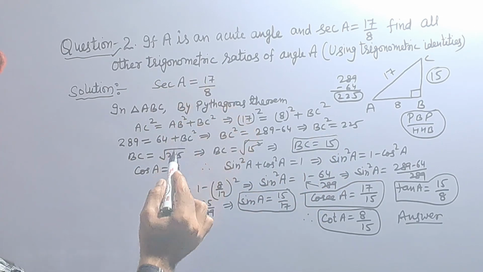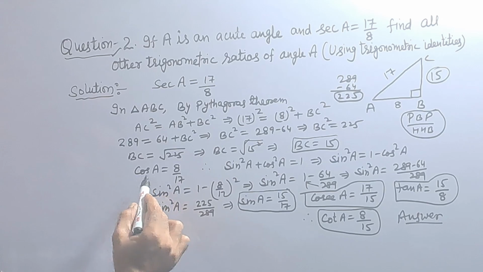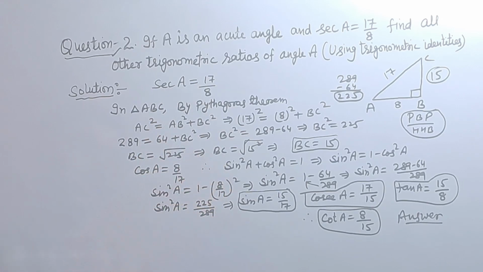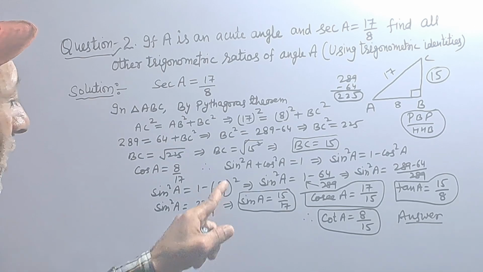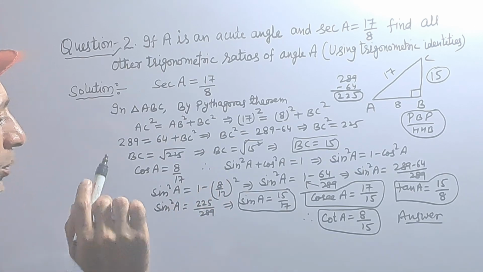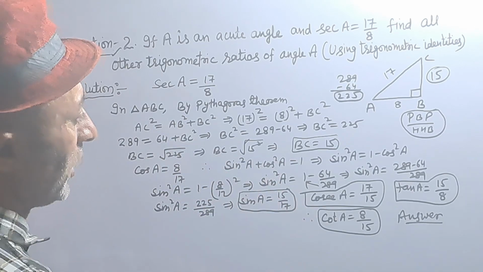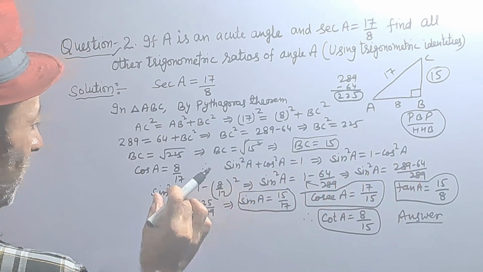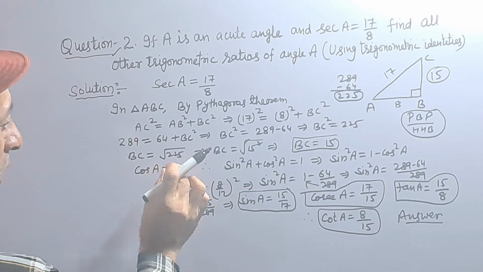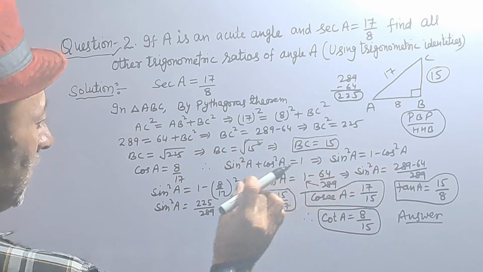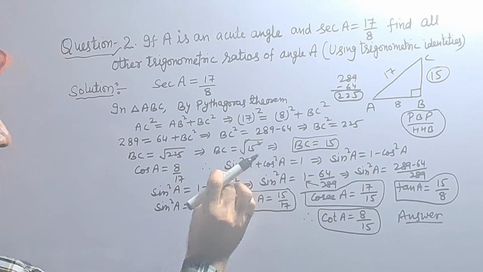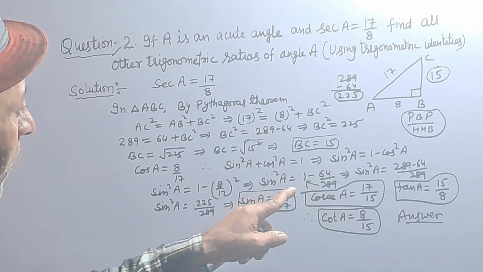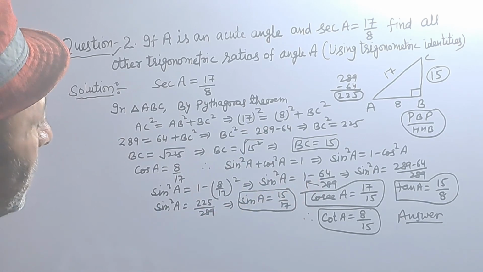And secant A is given 17 upon 8. So cos A is reciprocal of secant A, that is 8 upon 17. And we know that sin square A plus cos square A is equal to 1. Sin square A equal to 1 minus cos square A, and we are putting cos square A is 8 upon 17 square, that is 64, 8 8s are 64 divided by 289.